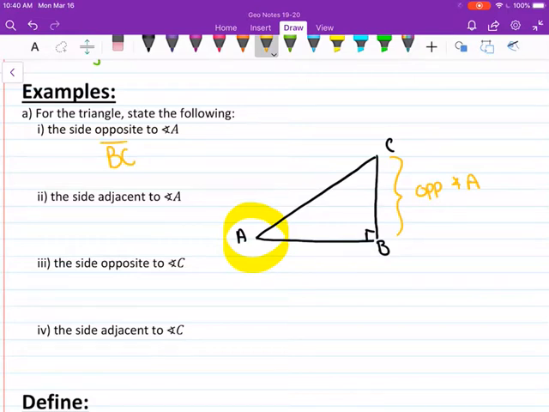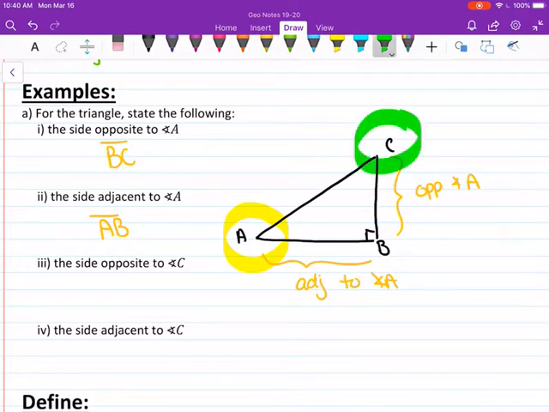Don't forget your little segment above it. And then the side adjacent is the leg that touches angle A. So this would be adjacent to angle A. So my answer for part 2 is AB. And if I look for angle C for part 3 and 4, the side opposite to C is going to be AB.